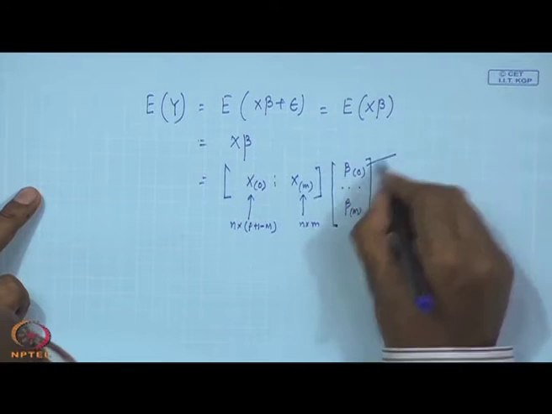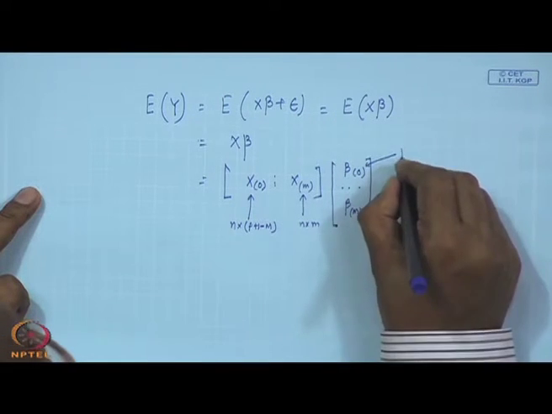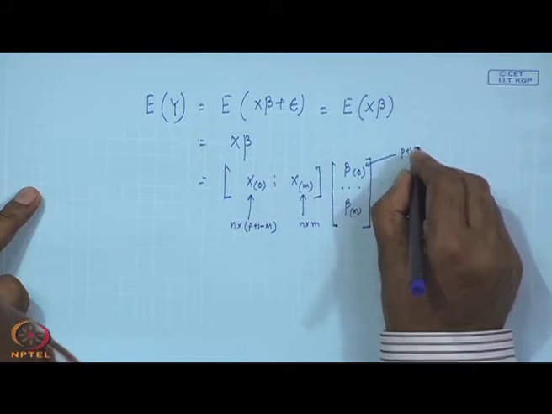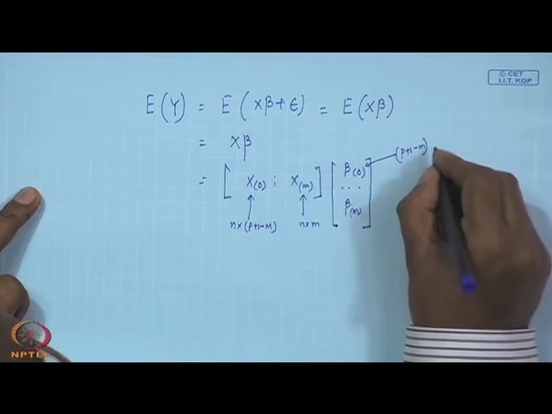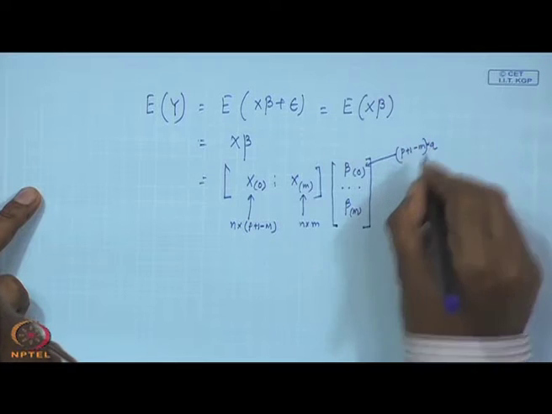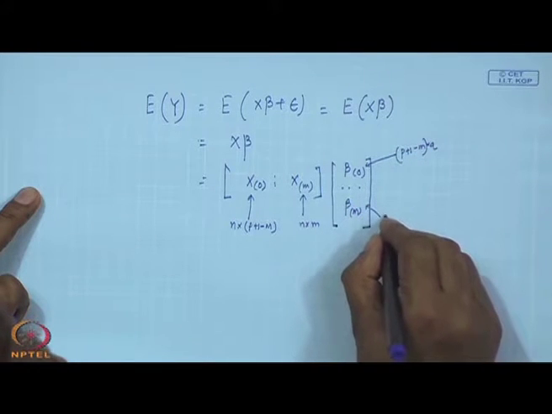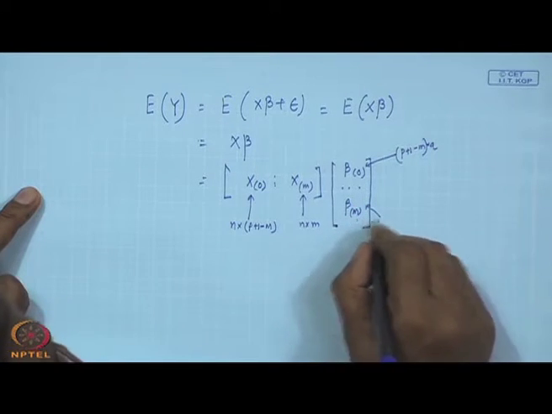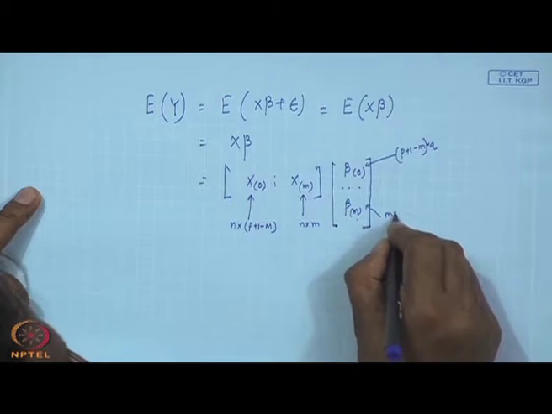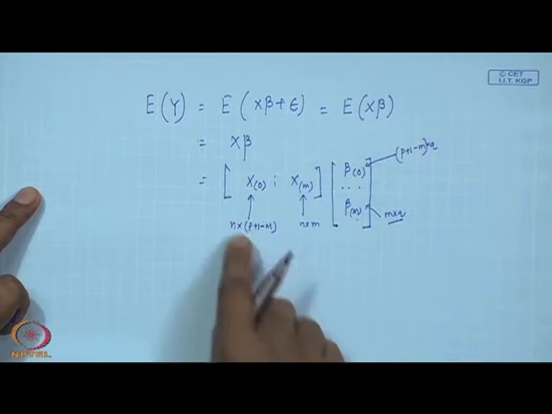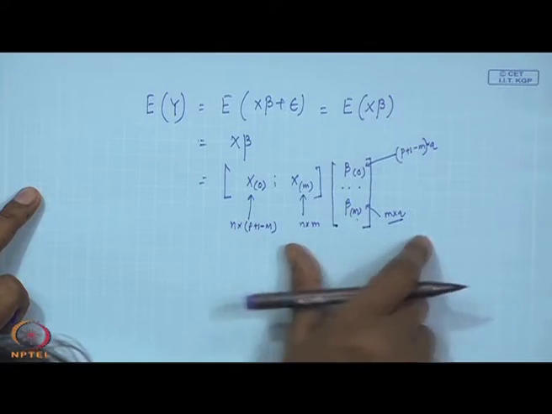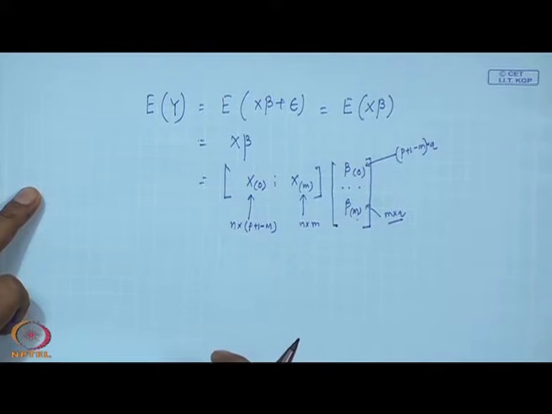And what is this beta 0? This is definitely p plus 1 minus m cross q, and this one is m cross q.